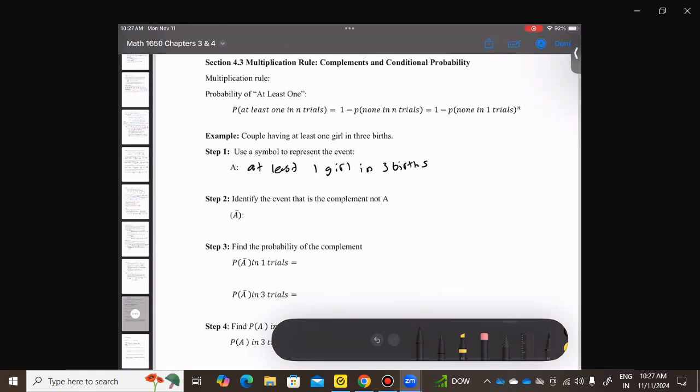So, if 2 girls are born, that's fine, that's at least 1. If 3 girls are born, that's fine, that's at least 1. If 1 girl is born, that's fine, that's at least 1. If no girls are born, that's the opposite. So the complement to this is no girls are born.